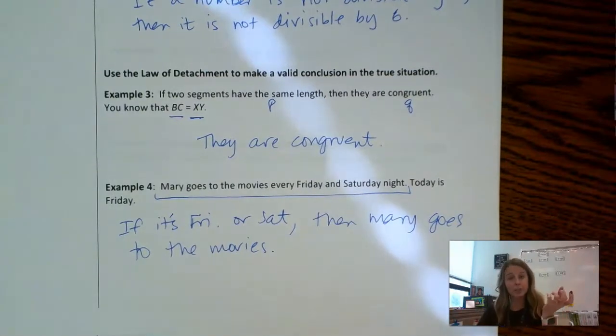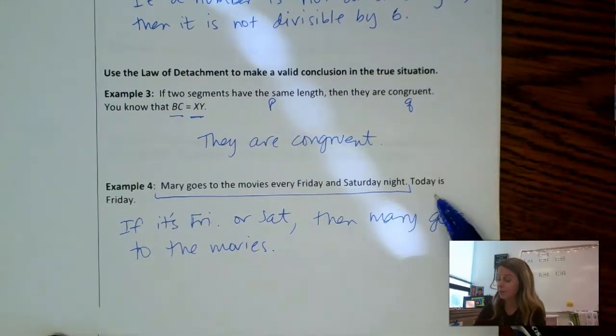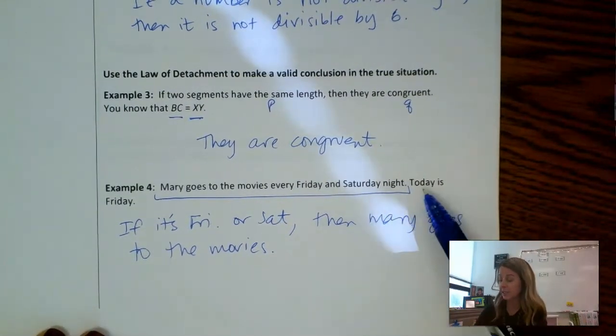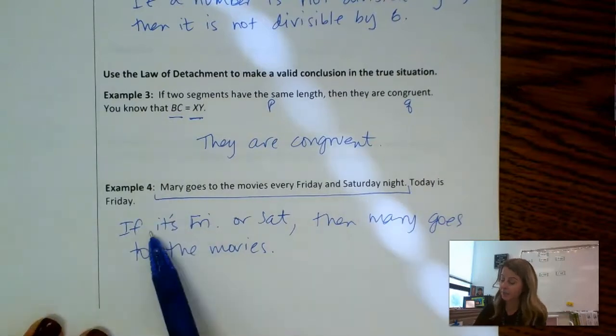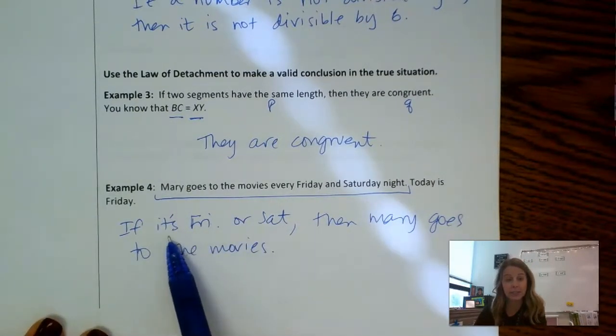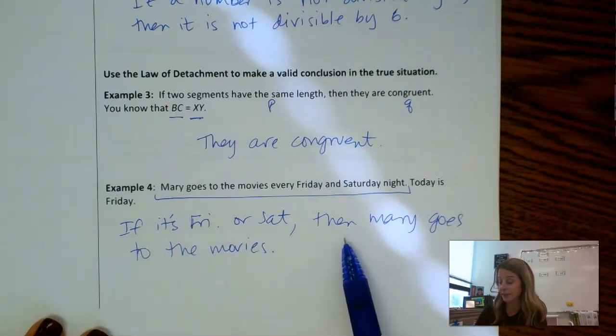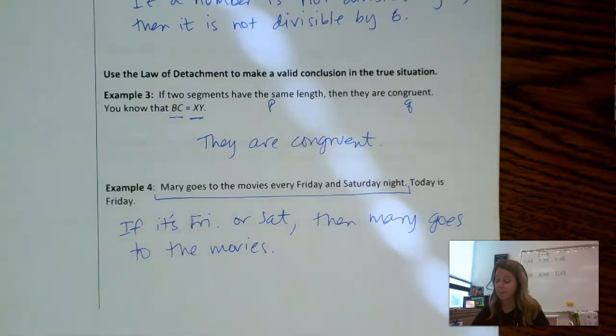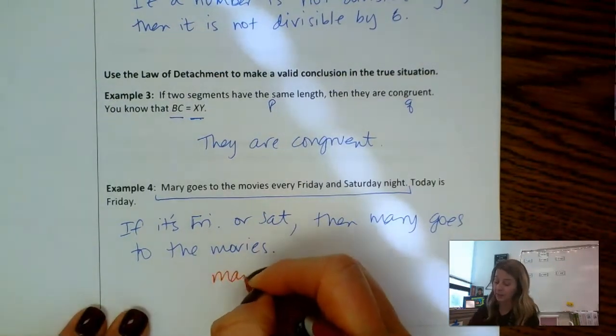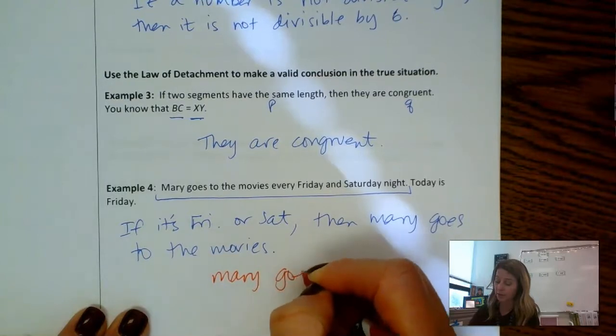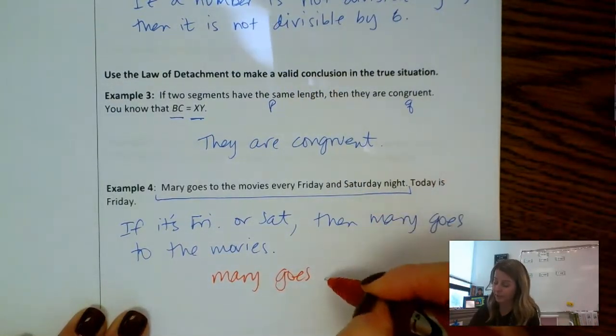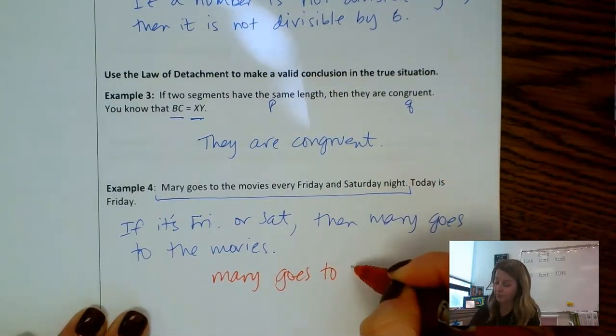If I turn it into an if-then, I can see the law of detachment maybe a little easier, maybe not. Maybe you didn't have to do that. Here is the scenario: today is Friday. Since Friday matches part of the hypothesis, I can conclude Mary goes, or Mary will go, to the movies, however you want to word that.